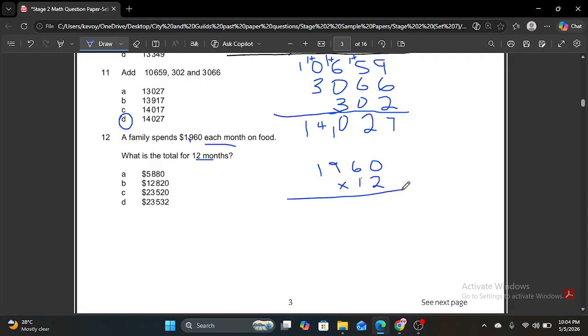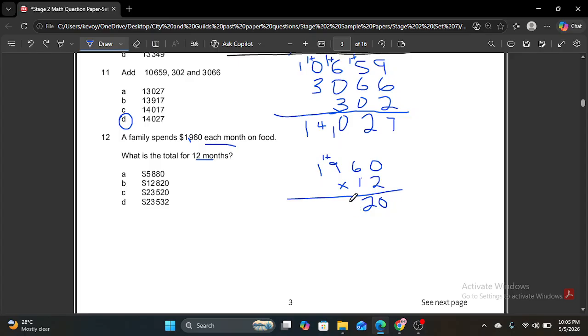And for those who don't know how to multiply with 2 digits, let's go through it quickly. So 2 times 0 is 0. 2 times 6 is 12. So you put down the 2, carry the 1. 2 times 9 is 18, plus 1, that's 19.